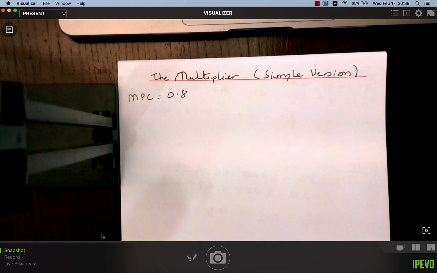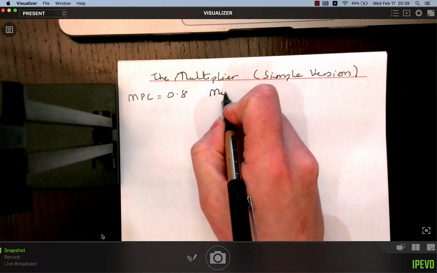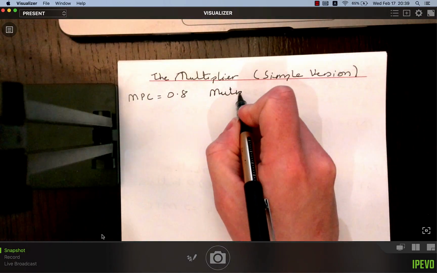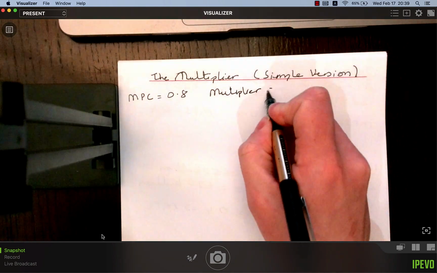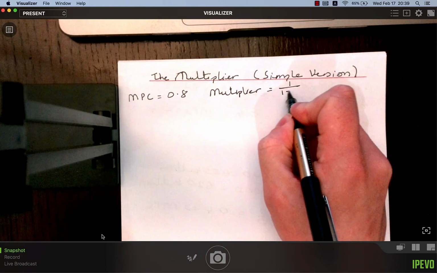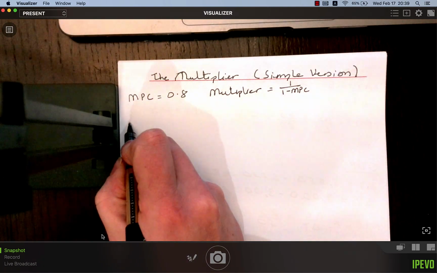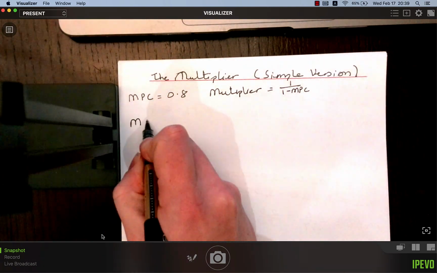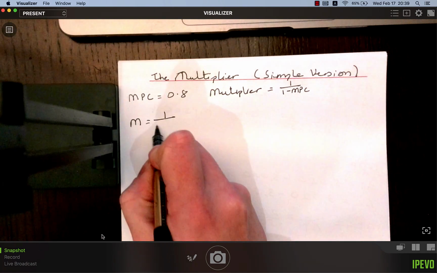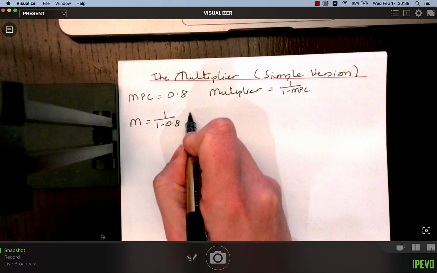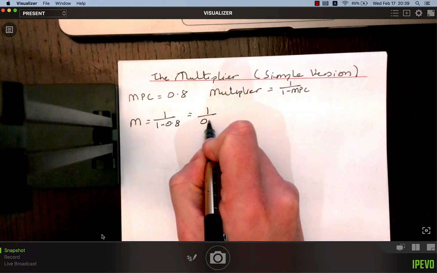Well, the multiplier that we've just learned equals 1 over 1 minus MPC. So the multiplier equals 1 over 1 minus 0.8, which equals 1 over 0.2, which equals 5.